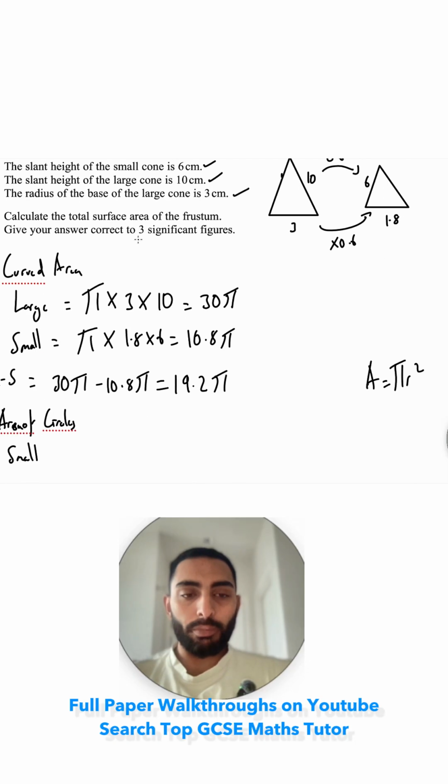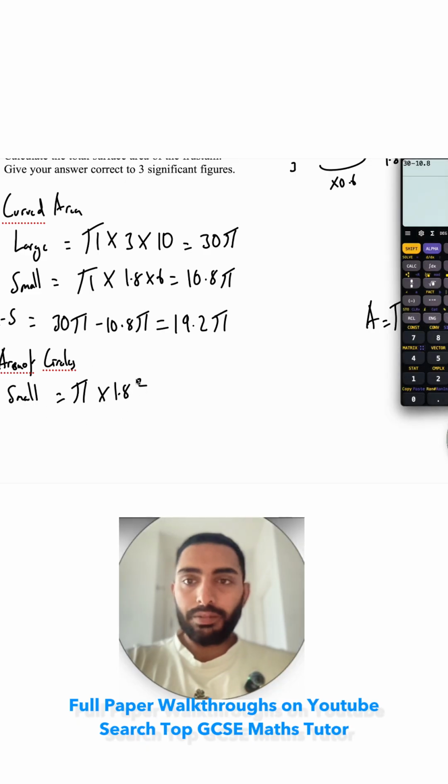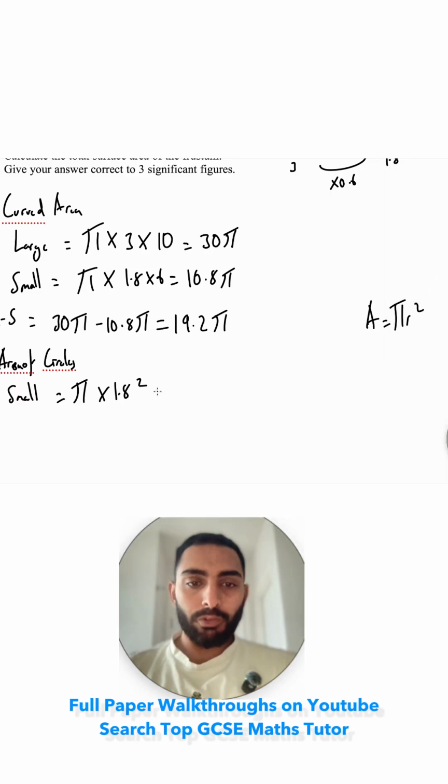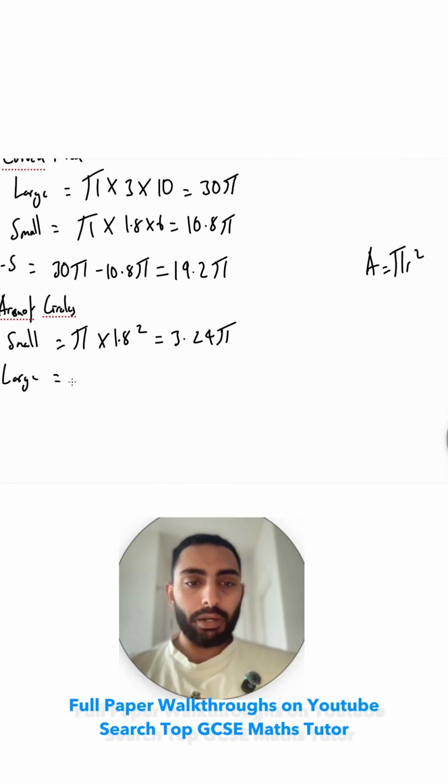It's 1.8 for my radius, so I'm doing pi multiplied by 1.8 squared. 1.8 squared is 3.24, so 3.24 pi. I'm going to do the same with the large one. The radius is 3, so pi multiplied by 3 squared. 3 squared is 9, so it's 9 pi.